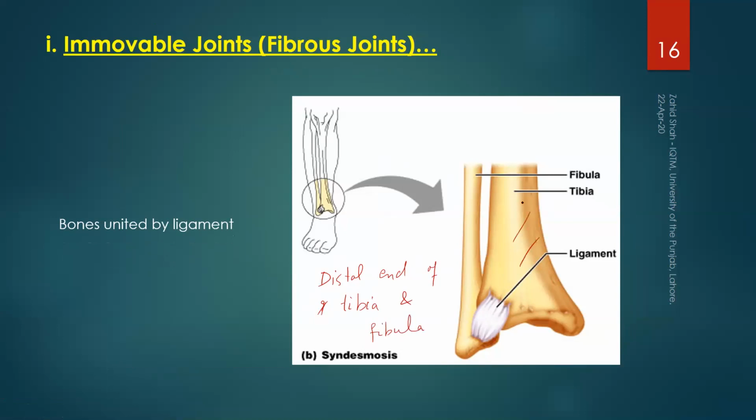So this is the tibia, this is the fibula, and this joint at the distal end of these two bones is also an immovable joint. By structure it is a fibrous joint, and here the fibrous structure is a ligament. That ligament is holding these two bones together, and it is not allowing any movement. So by structure it is a fibrous joint, and with respect to movement it is an immovable joint.